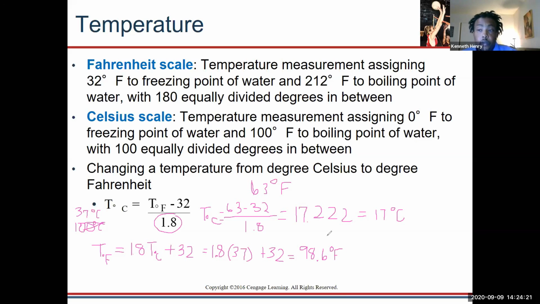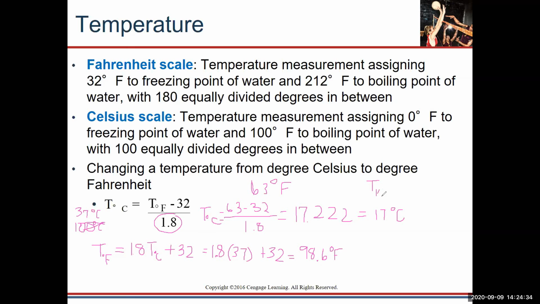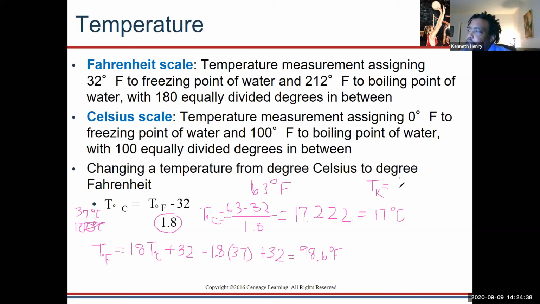Okay, so we can convert to Fahrenheit by maneuvering our equation. So I'm going to give you one more equation. T Kelvin equals T Celsius plus 273.15.